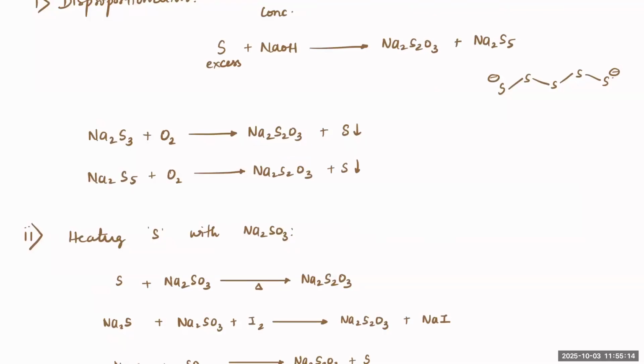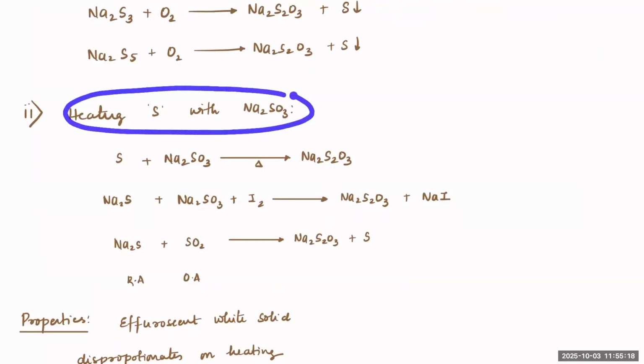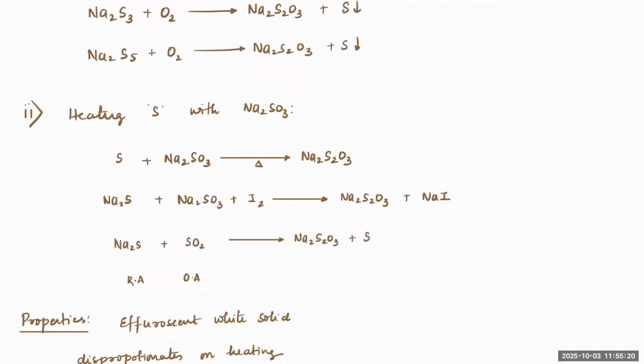Now, heating sulfur with Na2SO3 is another method. You know, this is a very standard method that is being used. Sulfur plus Na2SO3 will convert into Na2S2O3. And Na2S plus Na2SO3 plus iodine will also convert into Na2S2O3 plus NaI.